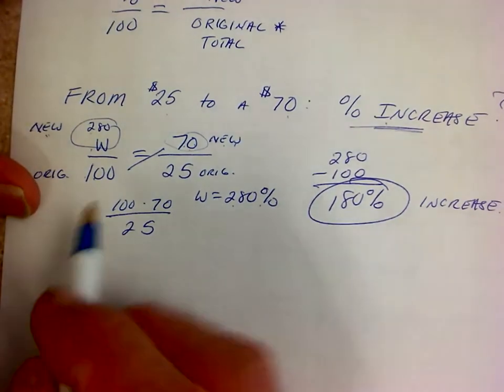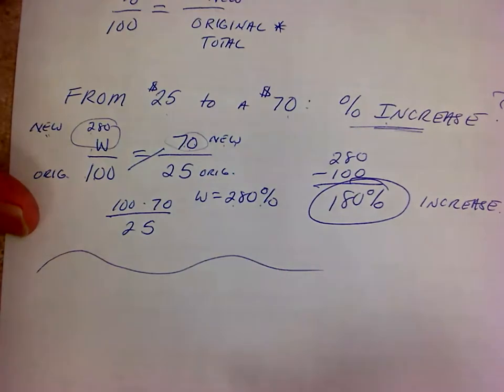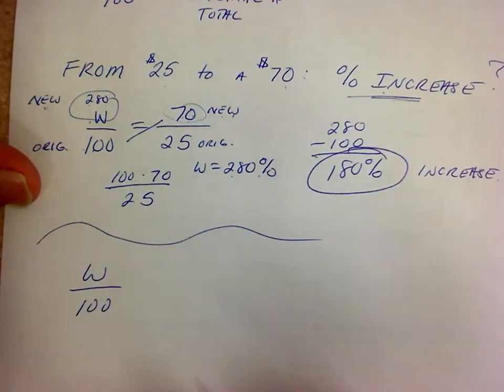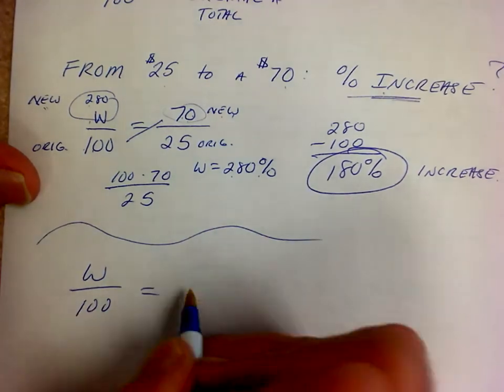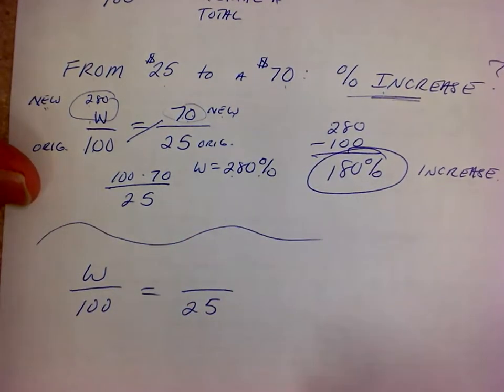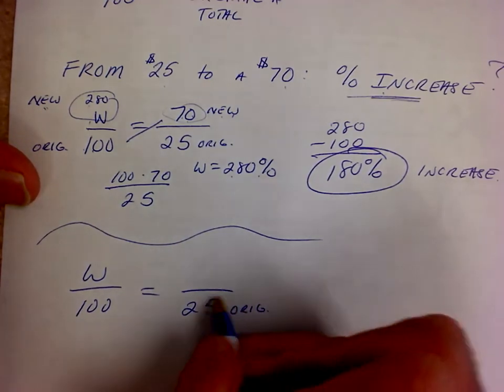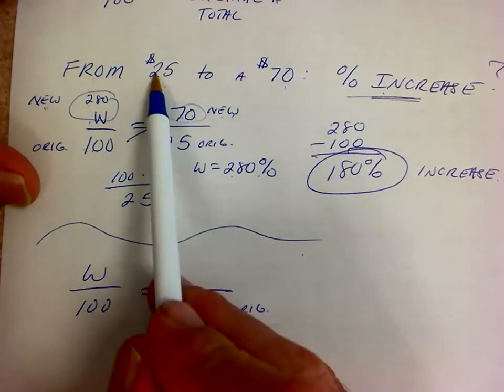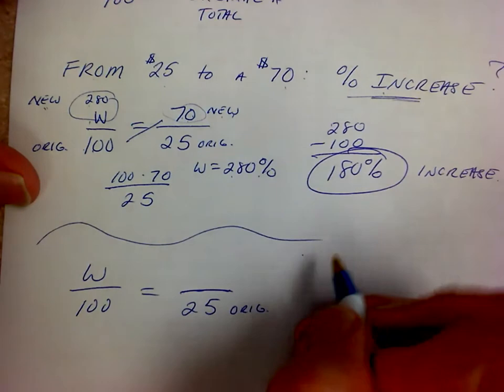Now an alternative to this. First percent ratio we can set up the same. We can even keep our original the same, if you would prefer. So our price went from $25 to $70.